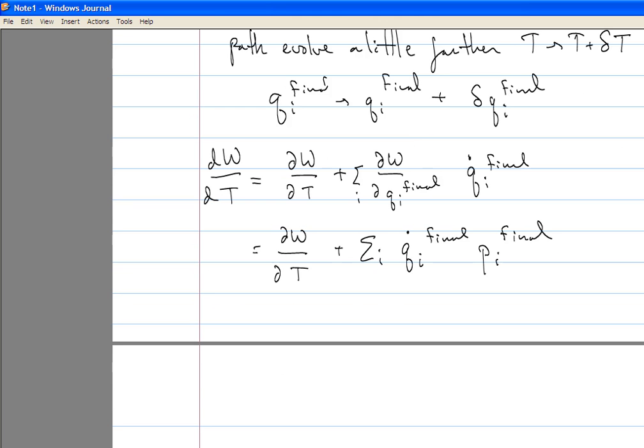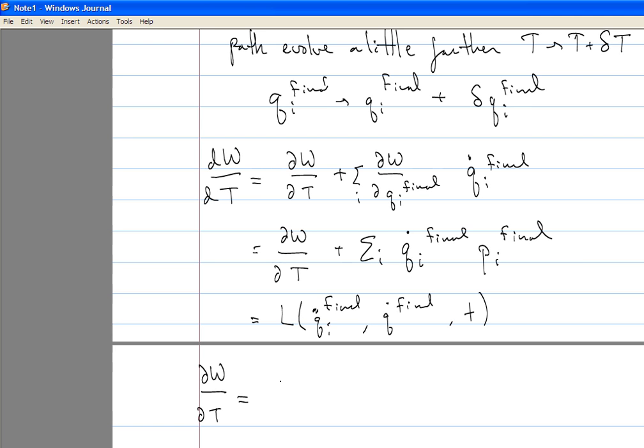So if you take the derivative of the action with respect to T, that will just, by the fundamental theorem of calculus, be the Lagrangian, as a function of Q final, Q dot and T. Right, because the action is the integral of the Lagrangian, and so you take the derivative, you just get the Lagrangian again.